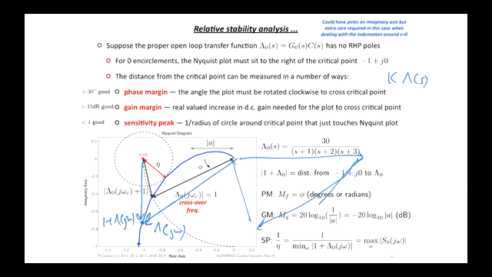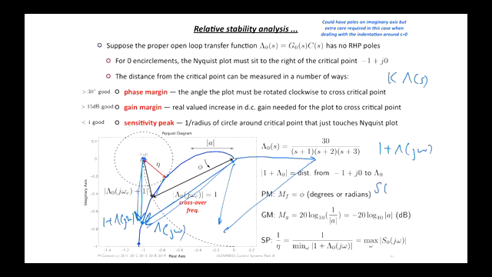I haven't drawn it to scale properly, this one's a bit too big. So if I drew 1 plus this vector, it will give me a little vector like that. That's this guy here. So drawing from minus 1 to points on the Nyquist plot tells you about this at different frequencies.